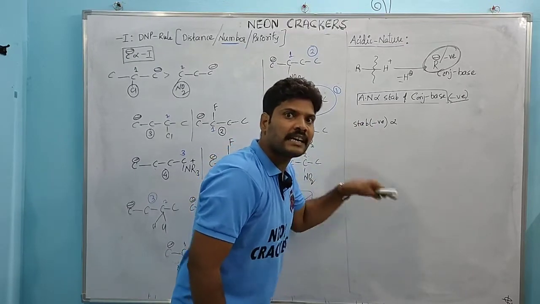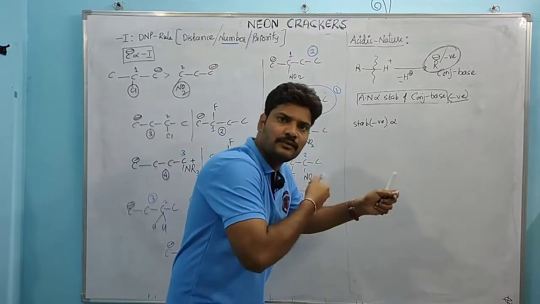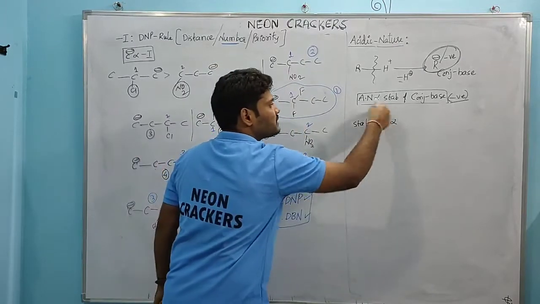We have to minimize the electron density, which means if any electron withdrawing group is present, it will be stabilized.